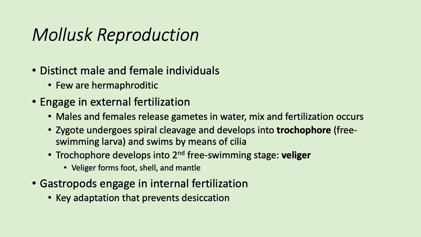Gastropods have internal fertilization, and this is a key adaptation that prevents desiccation, because gastropods are on land, they're terrestrial. For them to do external fertilization on land would be a bad thing, since the gametes would dry up and die. So the other classes of mollusks practice external fertilization, gastropods internal.